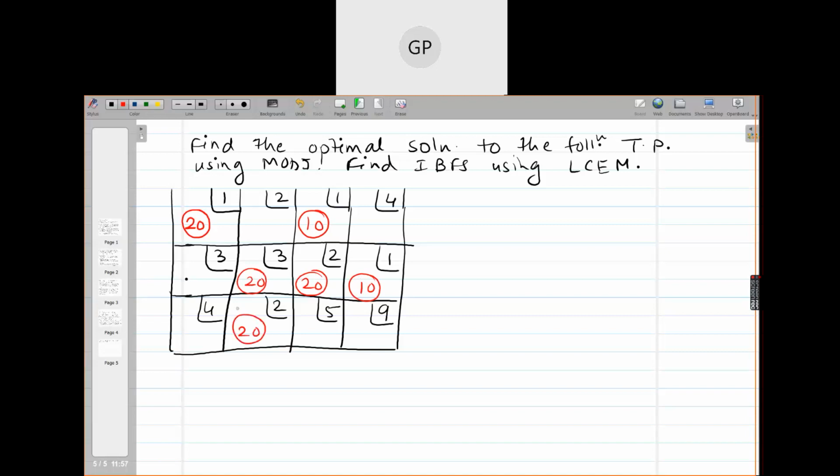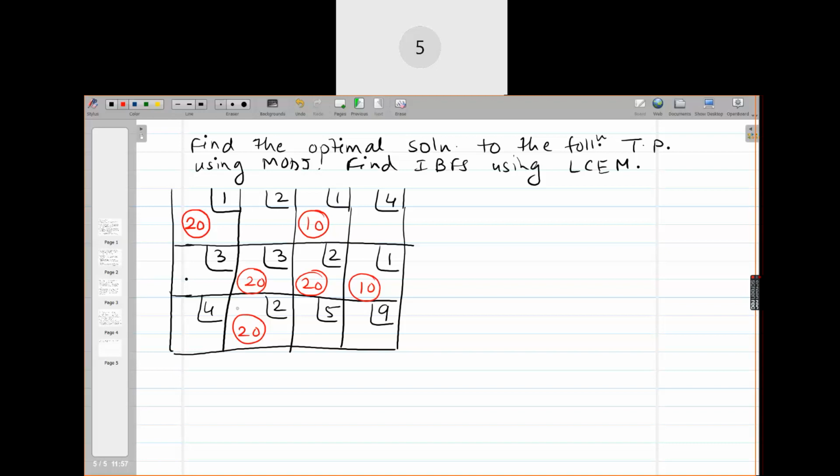So is this TP balanced? I have not written supply and demand. First of all, you check that. What is the total supply? Can you calculate total supply? 100.